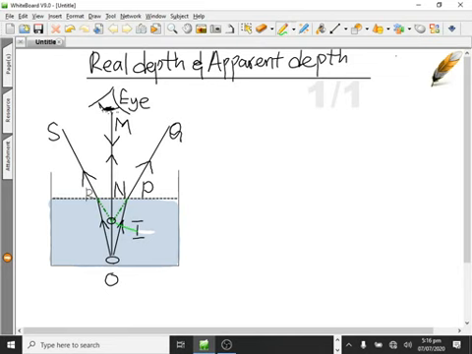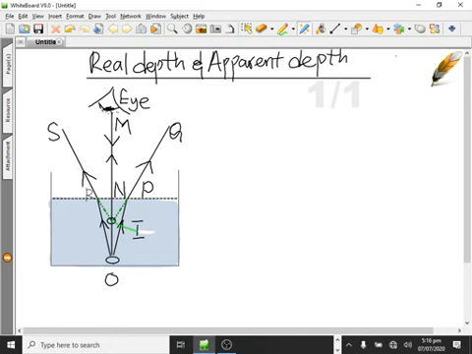At this point where the two produced rays meet, that is where an observer will be seeing the object. This person looking here will be seeing the object here instead of seeing it here. Now, from N to O, which is the real position of the object, is the real depth.